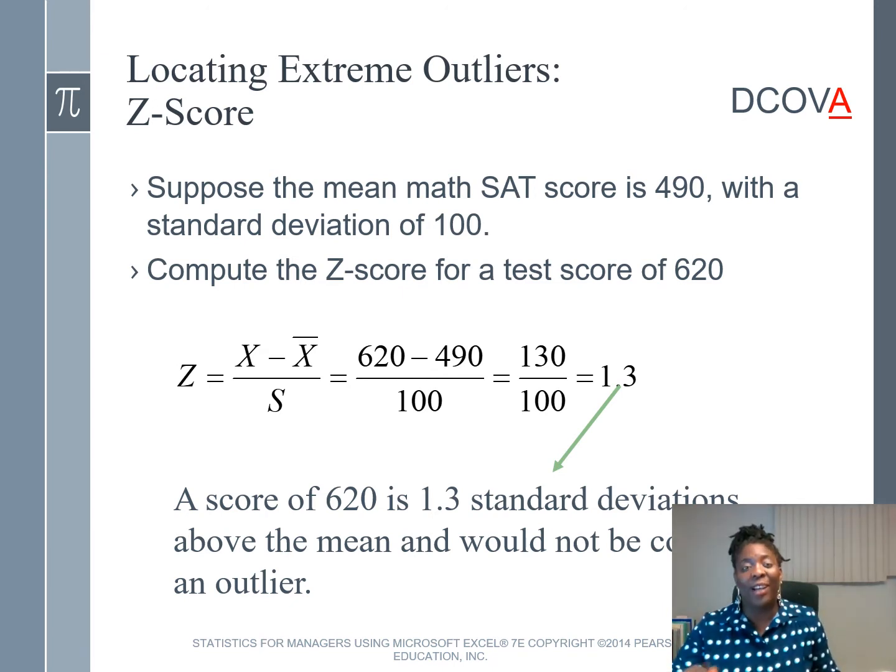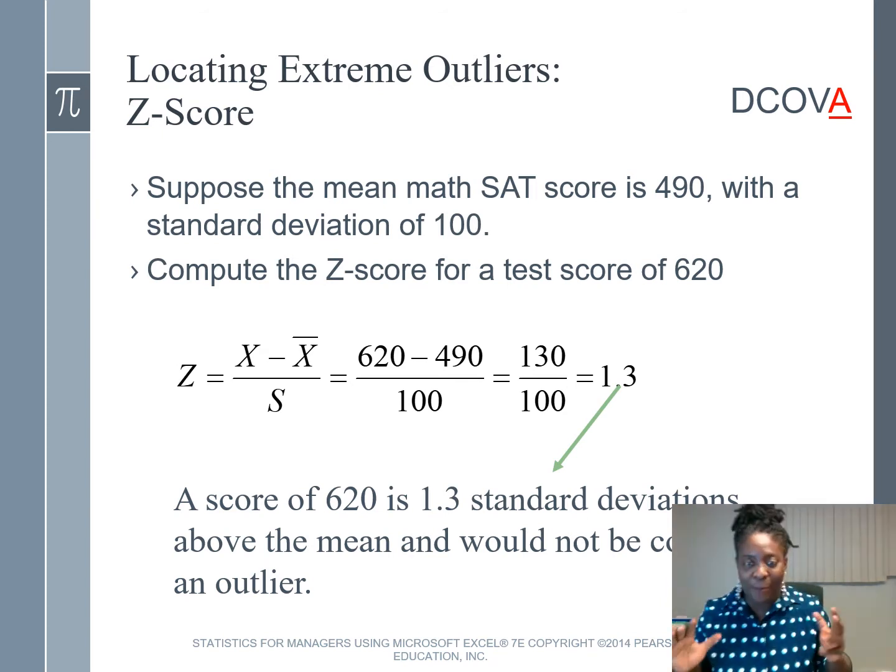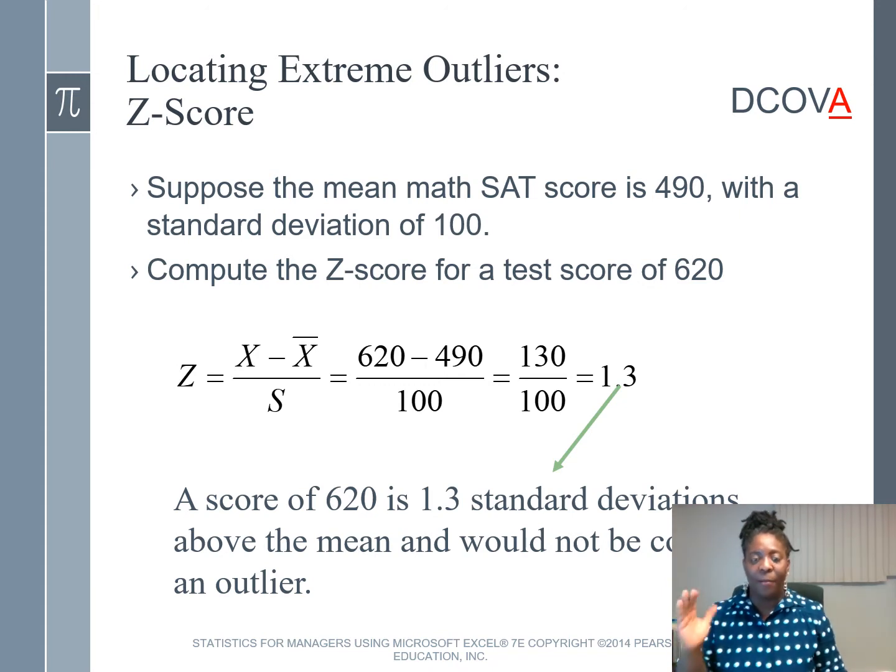That gives us a z-value of 1.3. Therefore, in this sample, the person that scored 620 is 1.3 standard deviations above the mean. It is not an outlier, it's just normal.